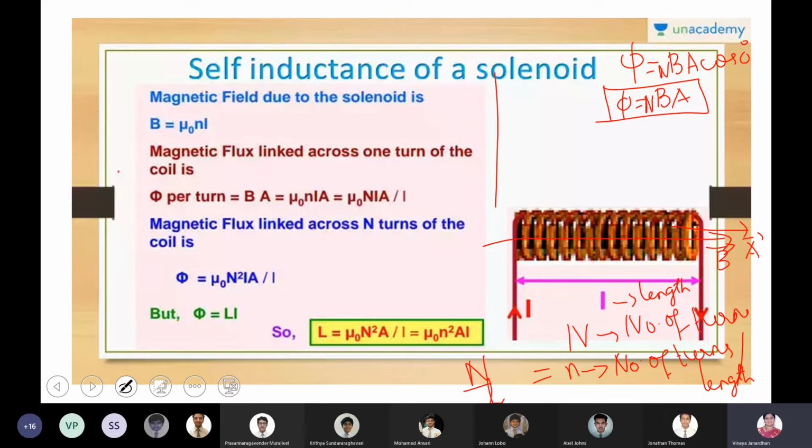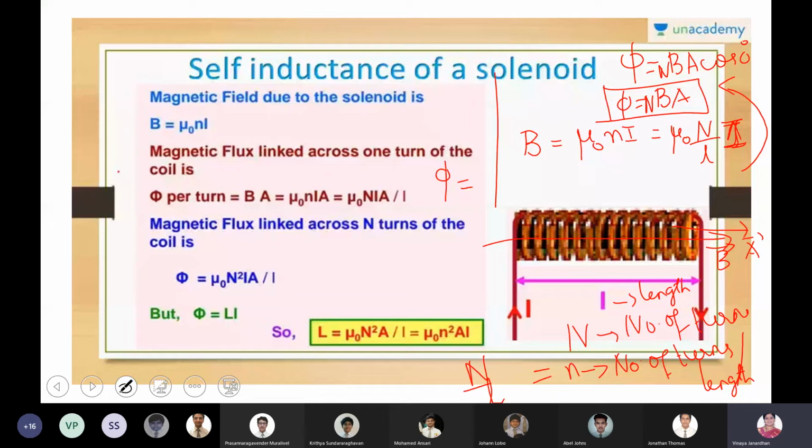So what is the strength of the magnetic field along the axis of the coil? B is equal to mu naught n into I, where small n is the number of turns per unit length. Now substitute this.